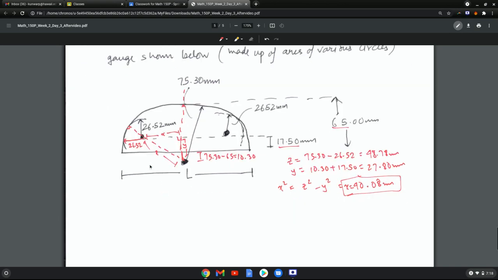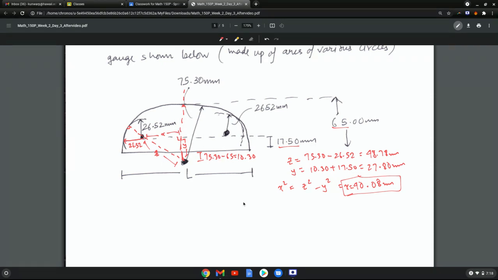So again, it's a very subtle use of the fact that internally tangent circles are connected by a straight line, and that helps us find one of the unknown lengths, which is marked by z, and that in turn helps us find x.